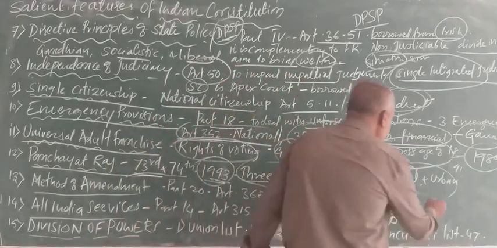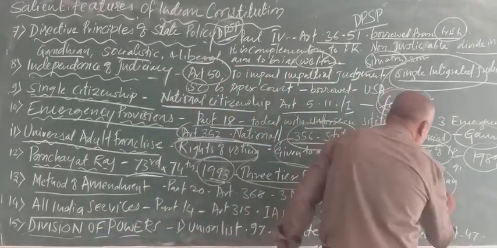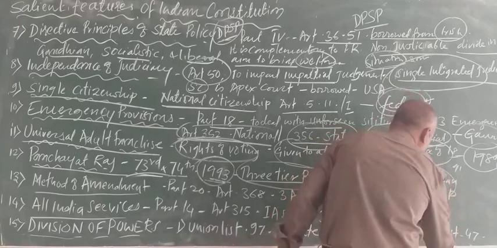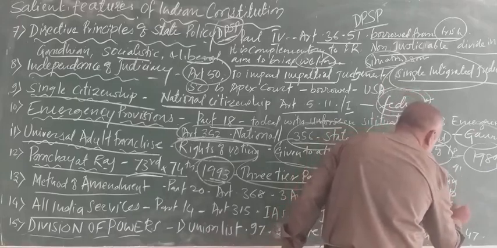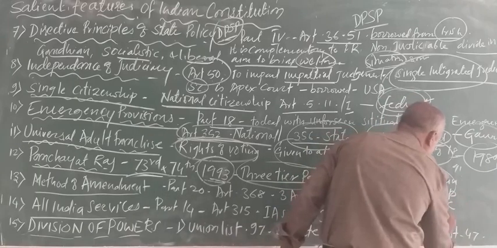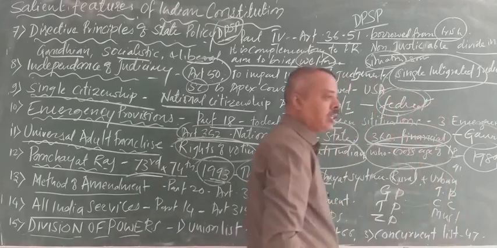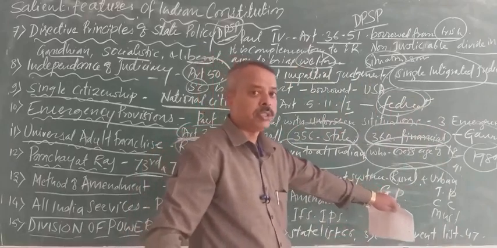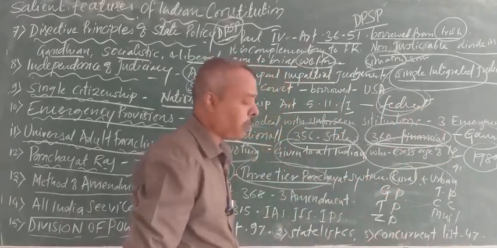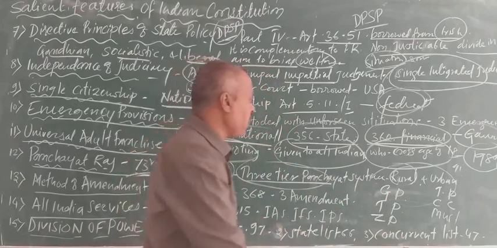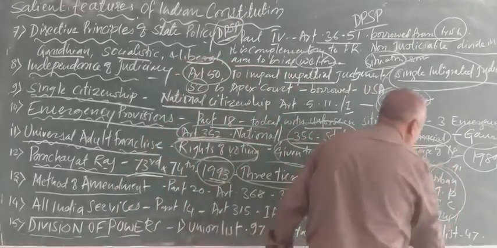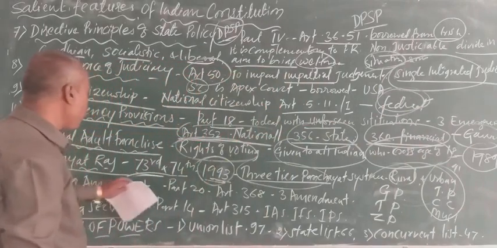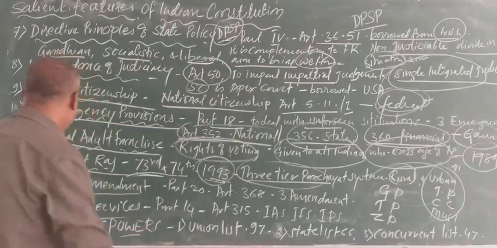Urban local bodies contain town panchayats or city corporations, city municipalities, and one more is the BBMP, Brihat Bengaluru Mahanagara Palike. In this way, the 74th constitutional amendment gave a legal status to urban local bodies. That is also one of the important features of our Indian Constitution.